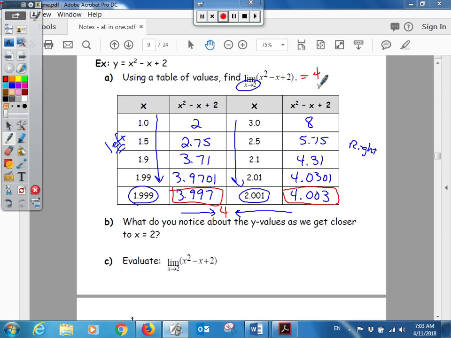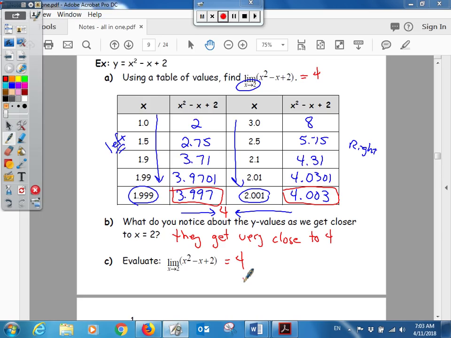Part B says, what do you notice about the y values as we get closer to x equals 2? Well, they get very close to 4. So evaluating the limit as x approaches 2 of x squared minus x plus 2 would give you a value of 4 for the limit.